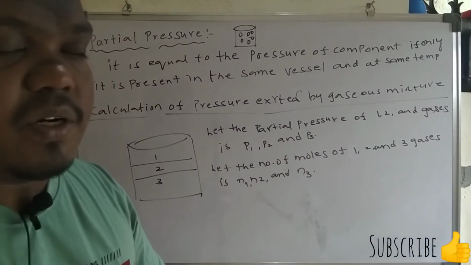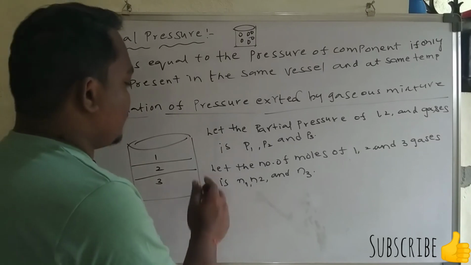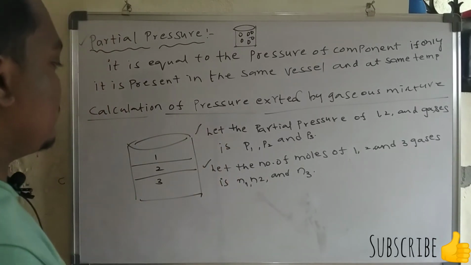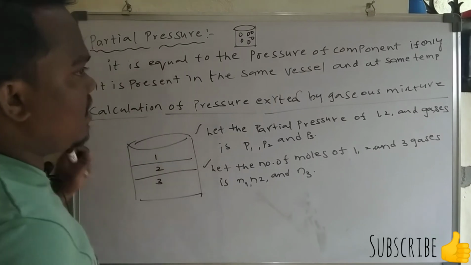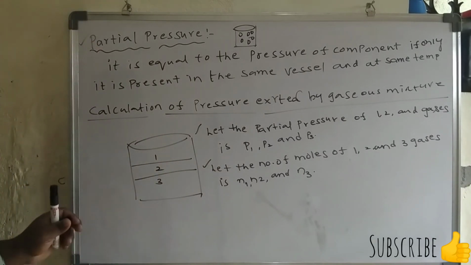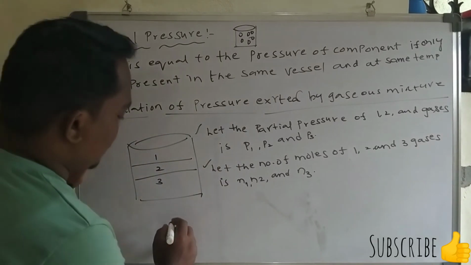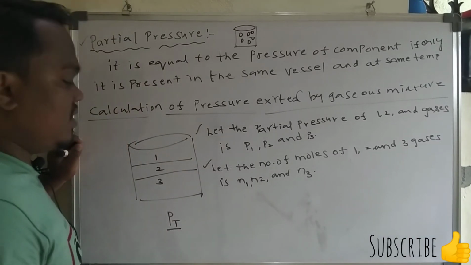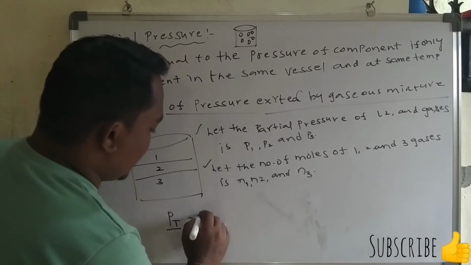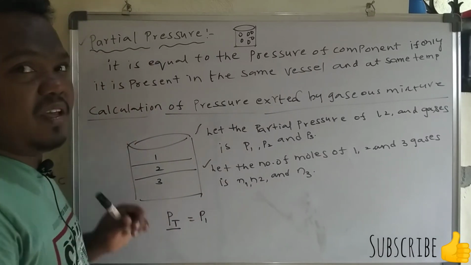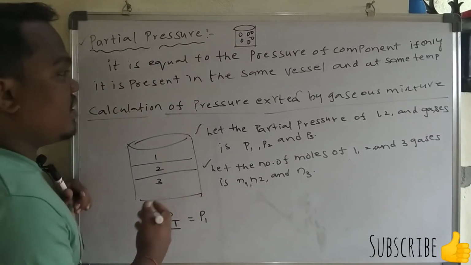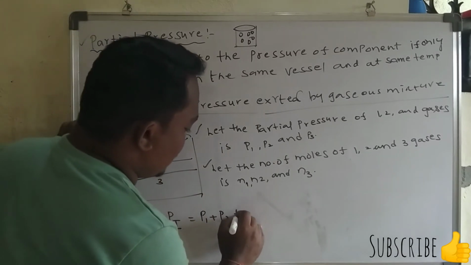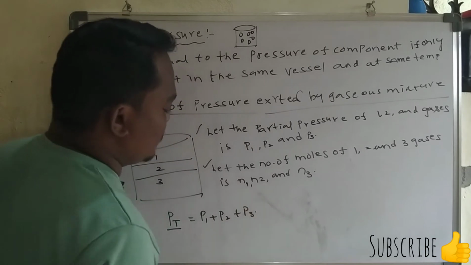Let me write this information, because later on it is very useful for us. We know that according to Dalton's law of partial pressure, the total pressure exerted by the gas mixture is equal to the sum of the partial pressures of each component, so P1 plus P2 plus P3.